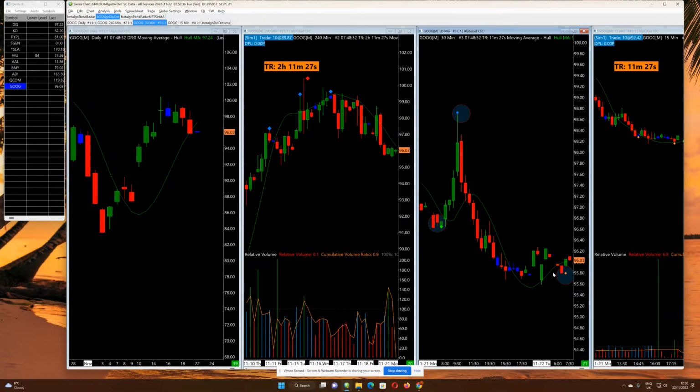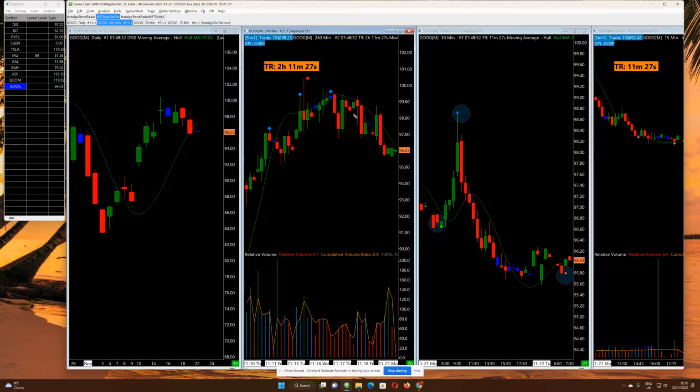So the first step here is we look for these divergences before we start doing any trades. They're not necessarily going to play out for a massive amount. I mean, in this instance, this one played out for 1.5 points.